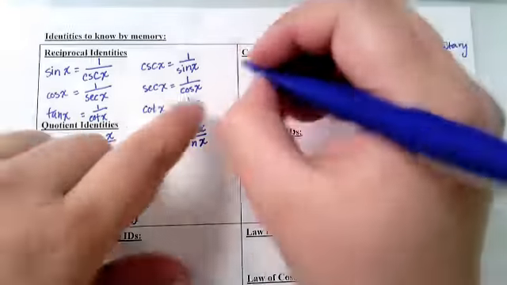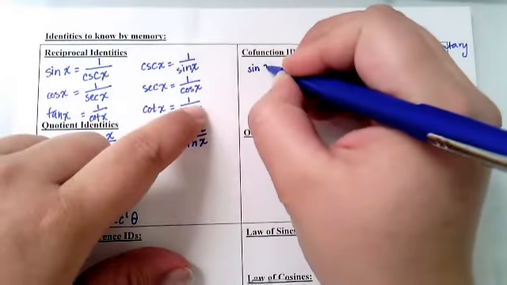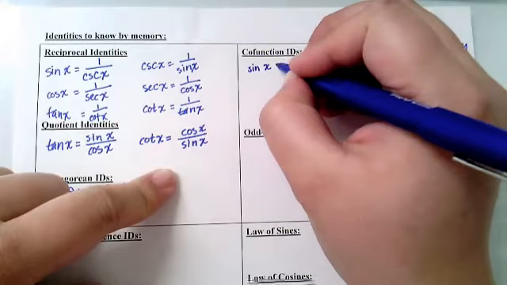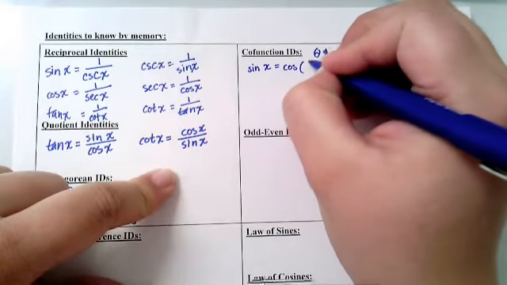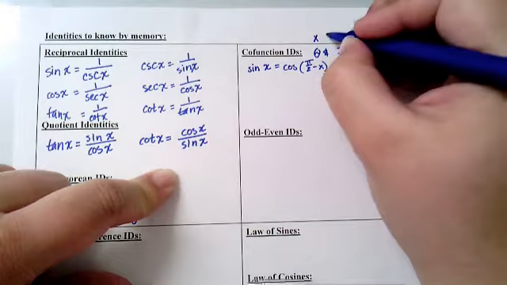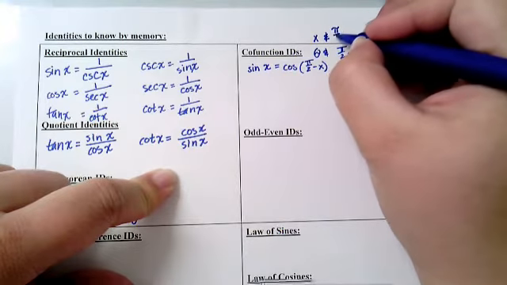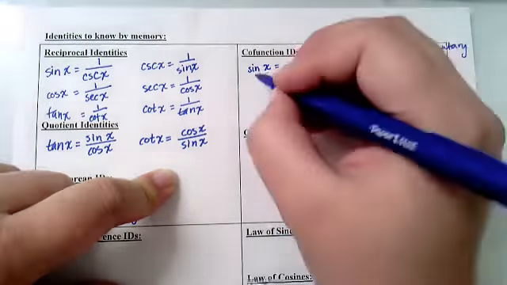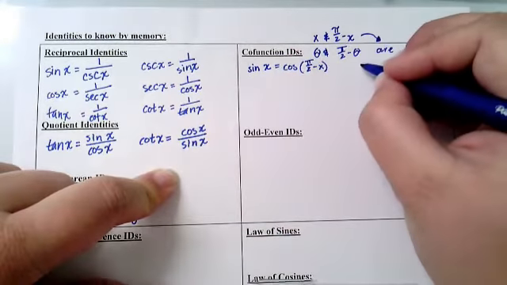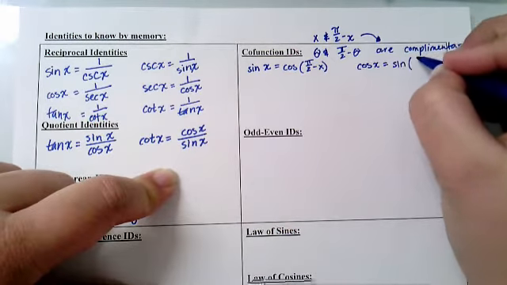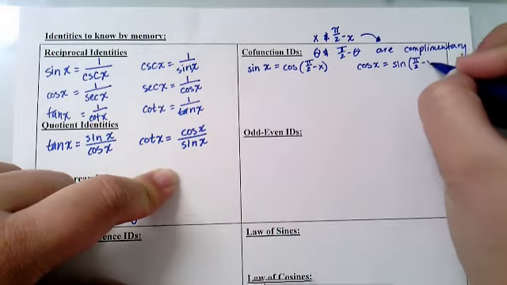then that sine of theta, I'm going to use x just because it's a little easier to write. Sine of x is cosine of pi over 2 minus x. I'll put here x and pi over 2 minus x are complementary. So that means I can also say that cosine of x is sine of pi over 2 minus x.